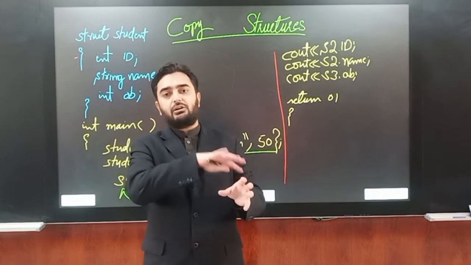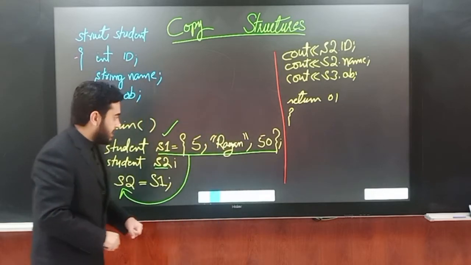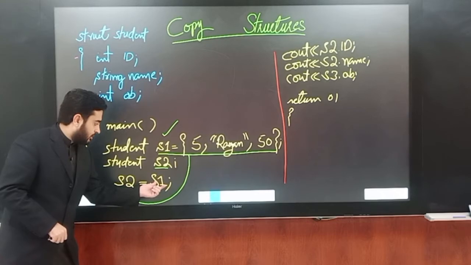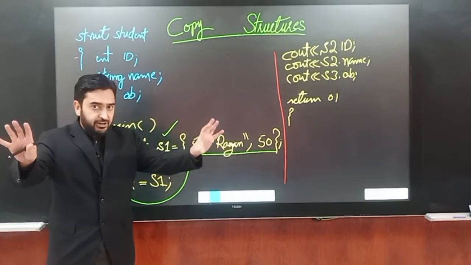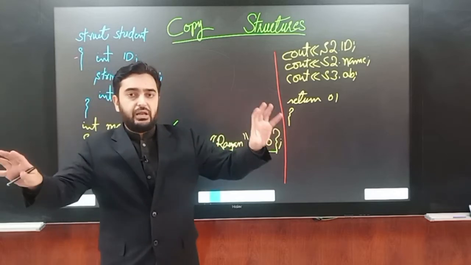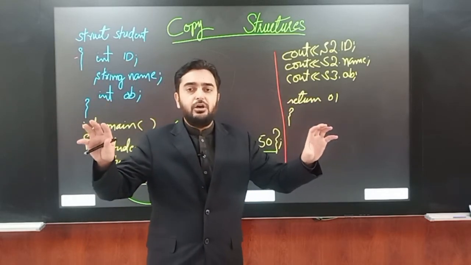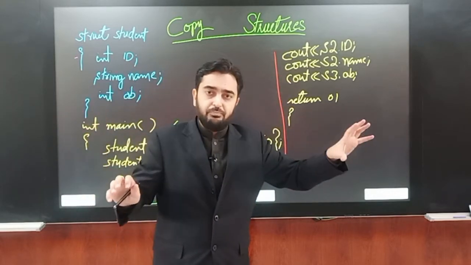In this way you can copy a value from one variable into another variable. Similarly we are going to copy the values from s1 to s2. Although these are two different copies of the structure, s1 and s2, which reside differently in RAM, in the memory.